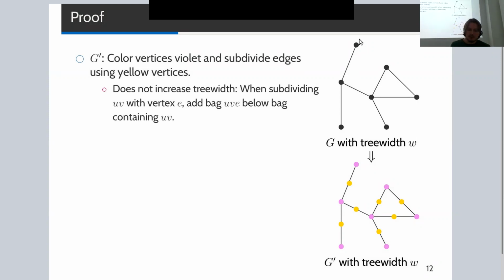Let's say we subdivide an edge UV by adding a vertex E. Then we can create a new bag UVE that contains all the neighbors of E. So we need to contain these two new edges that we inserted, and we just place it below the bag that contains UV. And this does not increase the tree width.